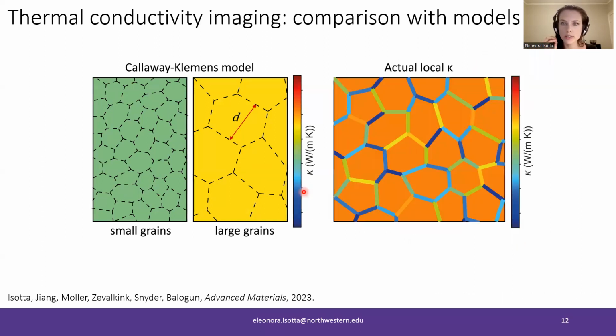Instead, what we are getting from FDTR is that the thermal conductivity is not homogeneous at all, but it does vary locally in a region around the boundary. And the other interesting thing that is quite different from the usual literature treatment is that different grain boundaries behave differently.